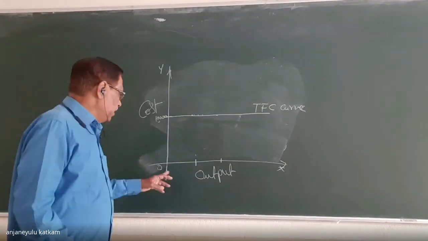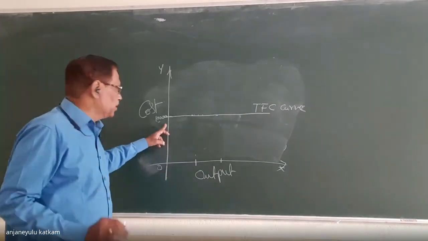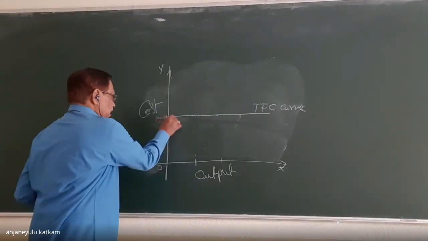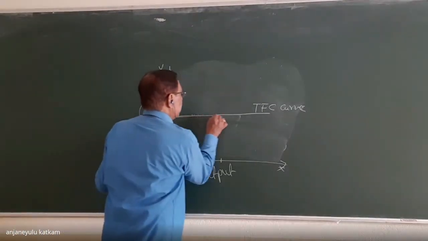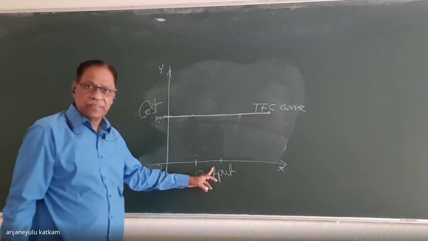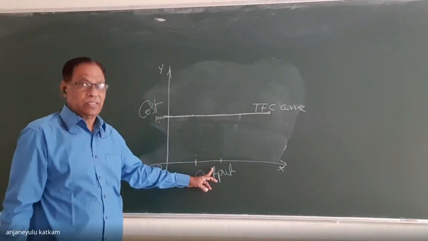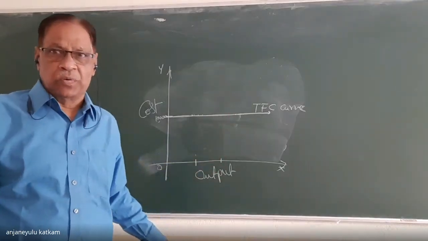So even at zero production, fixed cost is there. So it starts from somewhere on the y-axis, and it is a horizontal line, parallel to the x-axis. This is the curve called the total fixed cost curve.